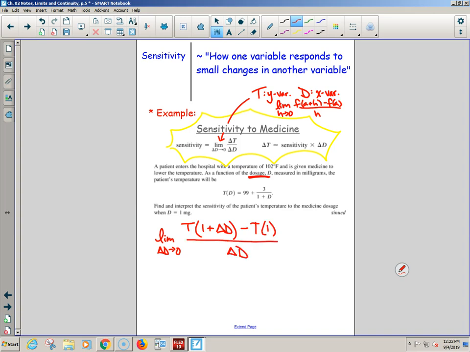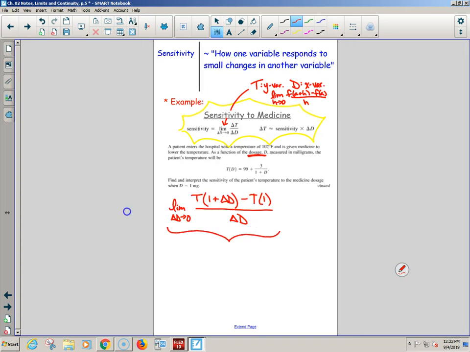Can I do it like that? Or didn't we just write the alternate form of this? But instead saying, hey, as d goes to 1, what is my t of d minus t of 1 all over d minus 1? Which one looks easier, the top one or the bottom one? Yeah, I think so too.